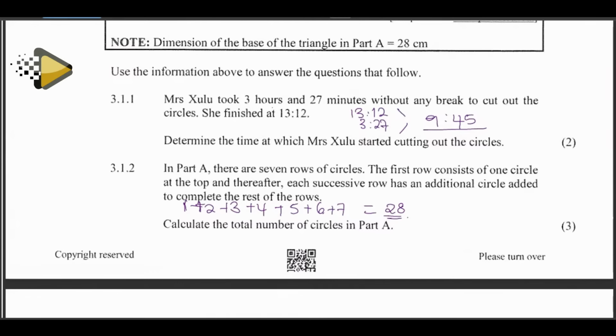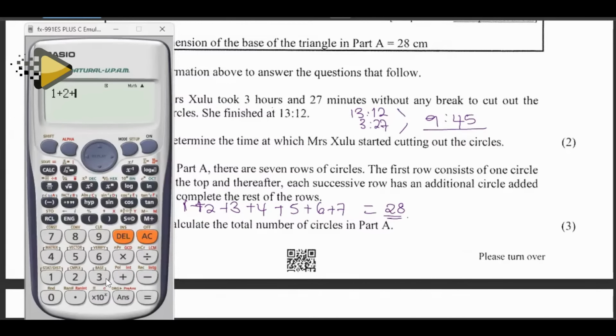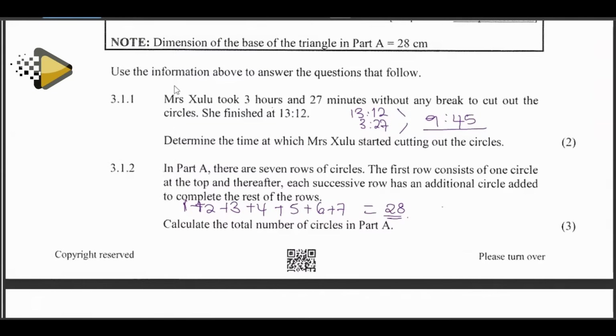Okay. Let's confirm and we see 1 plus 2 plus 3 plus 4 plus 5 plus 6 plus 7. Answer becomes 28. So there are 28 circles.